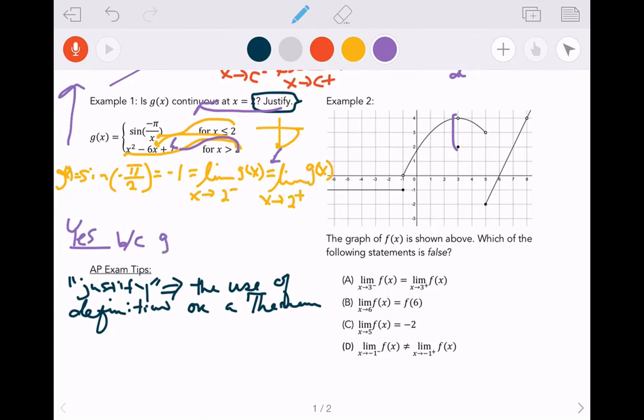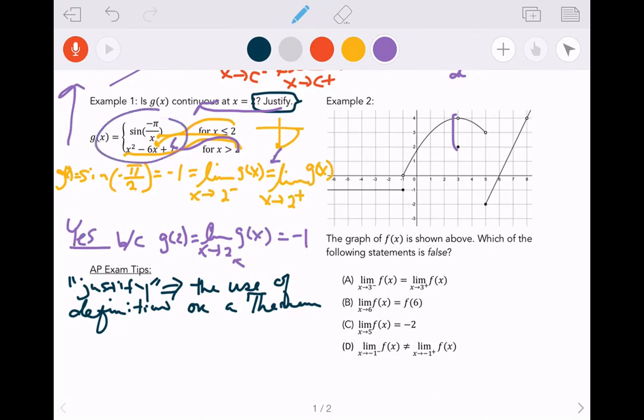Because g of 2 equals the limit as x approaches 2 from both directions. And that covers everything because it's got it existing, it's got the limit from the left and the right, right? And I have them both equaling -1. So that one's done.